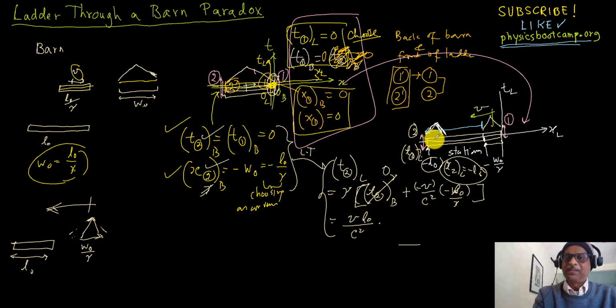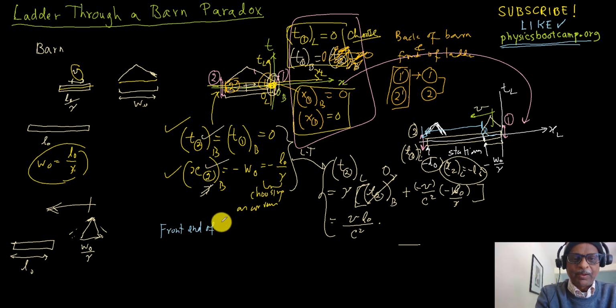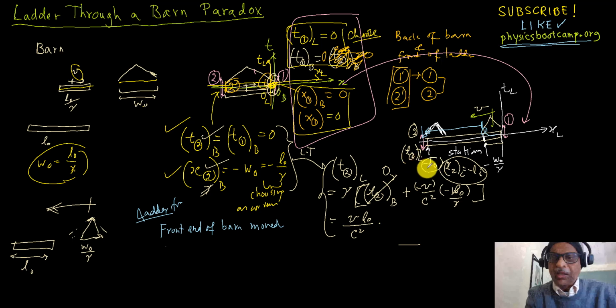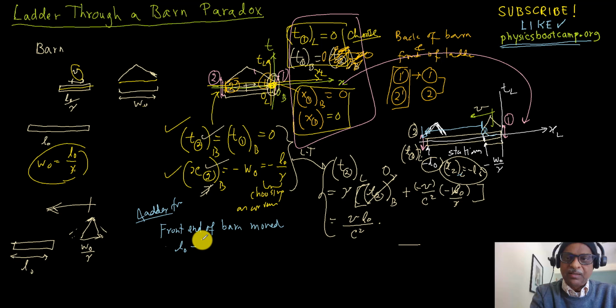So let's see. Let's call it A to B. The front end of the barn moved, and we're looking at the ladder frame, right? Moved how much? It moved L0 minus W0, and W0 equals L0 over gamma.